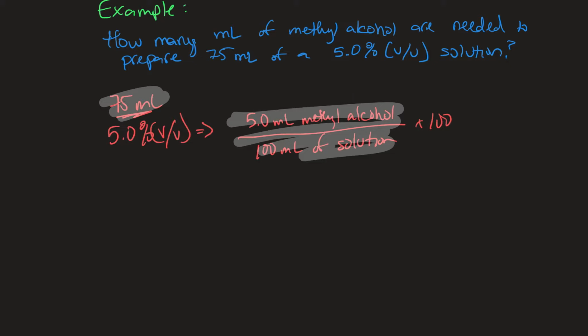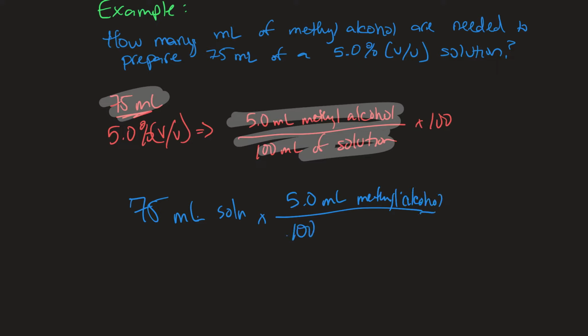We have 75 mL of the solution, and we're going to multiply by 5.0 mL of the methyl alcohol divided by 100 mL of the solution. The mL of solution cancels itself out.